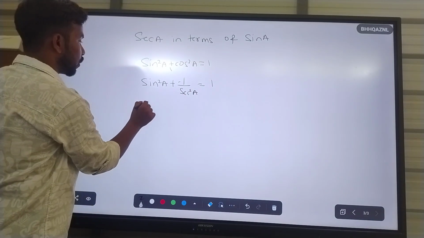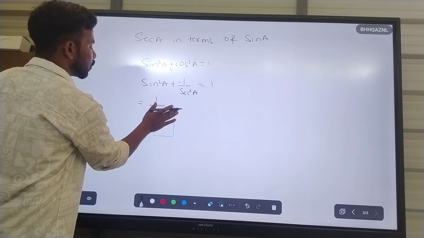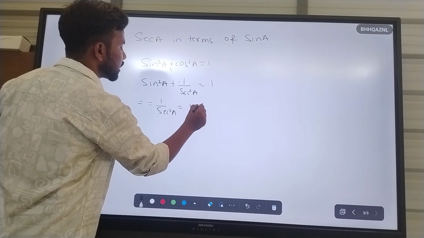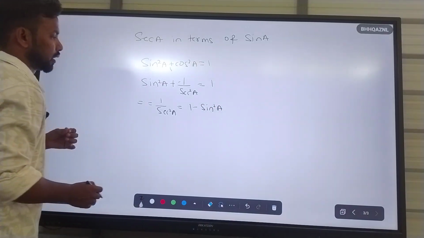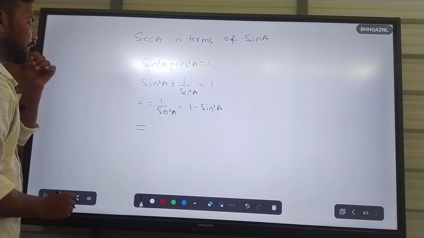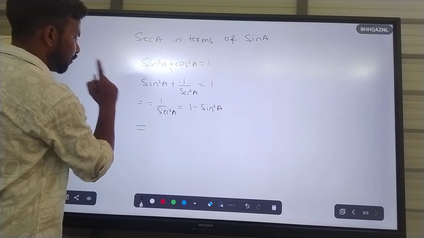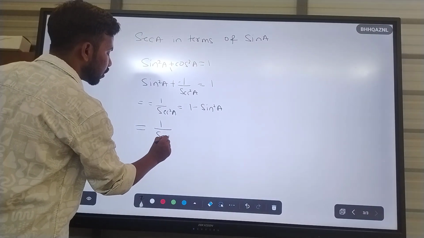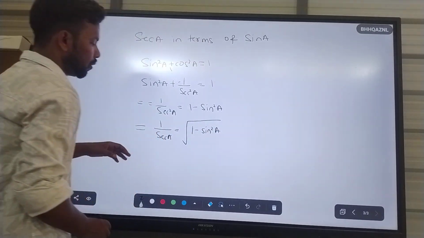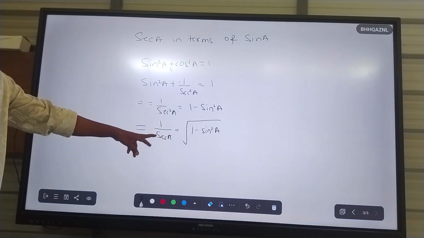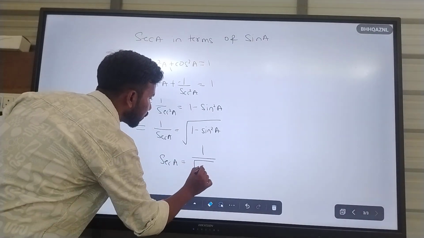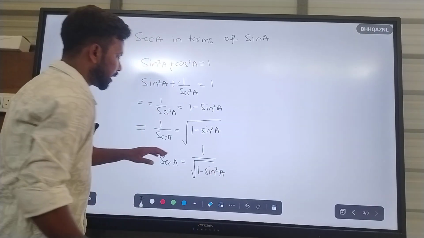Sending sin square A to the other side, 1 by secant square A is equal to 1 minus sin square A. Taking the square root, 1 by secant A is equal to square root of 1 minus sin square A. Now take the reciprocal, it becomes secant A is equal to 1 by square root of 1 minus sin square A. This step understood?